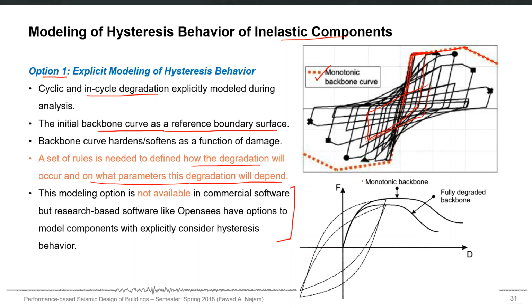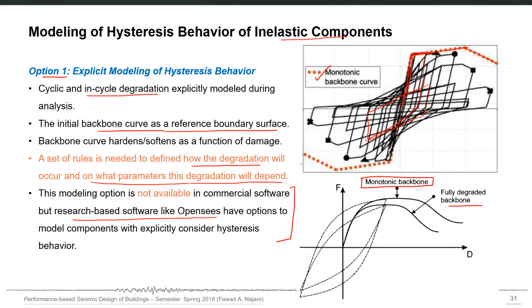You start with an initial monotonic backbone curve, and after certain cycles you will not be following the initial backbone curve, but a degraded curve. But this explicit consideration of cyclic behavior is not available in commercial software packages, but it is available in some research-based programs like OpenSees or some other programs like that.